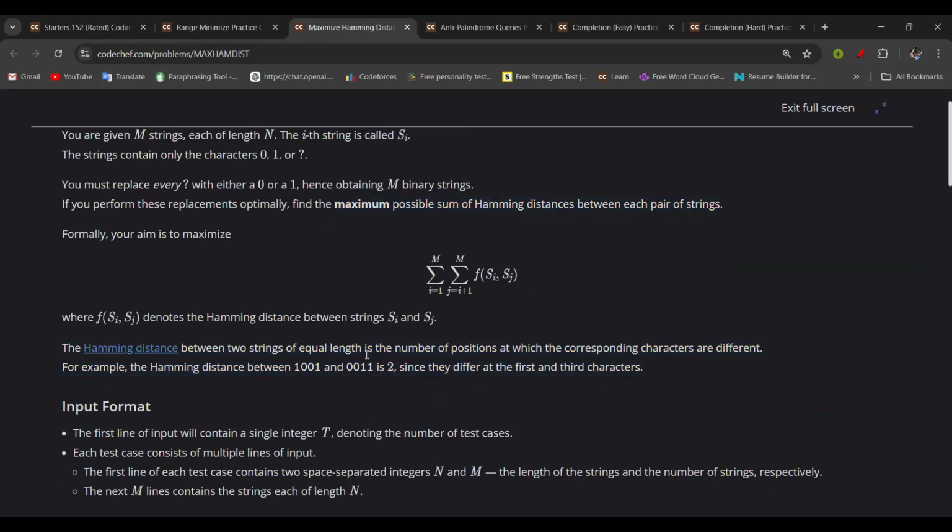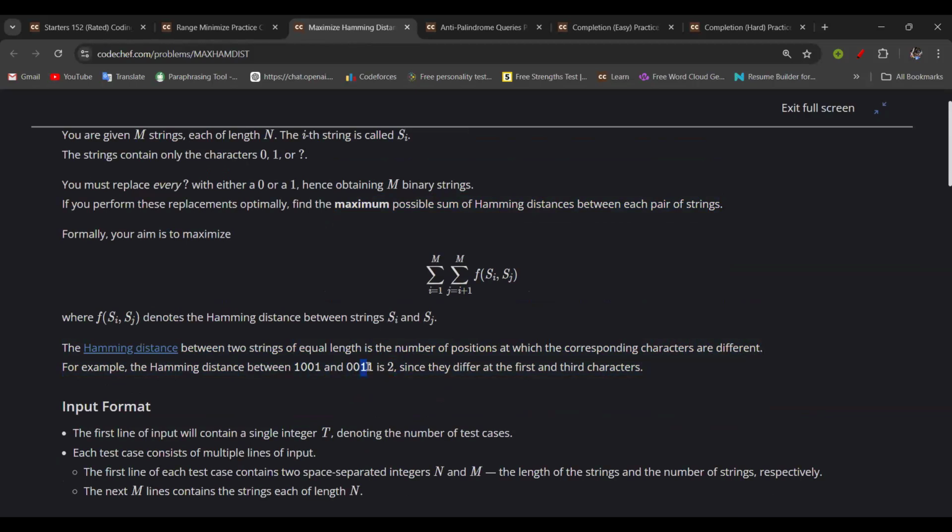So basically, first let's read the definition of Hamming distance. The Hamming distance between two strings of equal length is the number of positions at which the corresponding characters are different. For example, between these two, at the first position, this 1 and 0 are different, so 1. At the second position, 0 and 0 are the same, so that won't be counted.